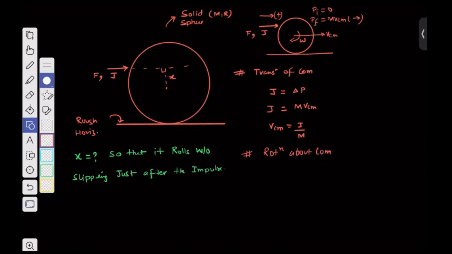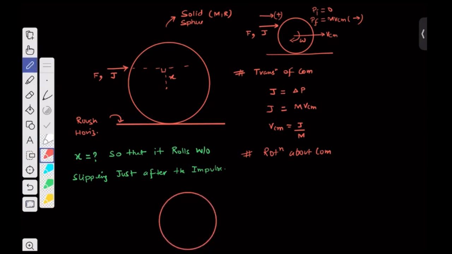So the only torque I have which is going to be impulsive is the torque of this impulsive force F, and its line of action is at a perpendicular distance x from the center of the mass. So here r perpendicular is x only, and the torque of this force about the center of the mass is going to be in which direction?